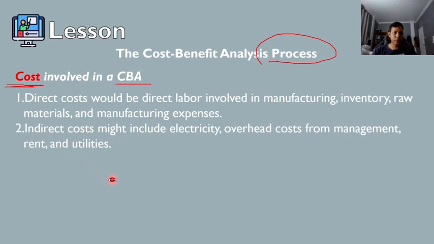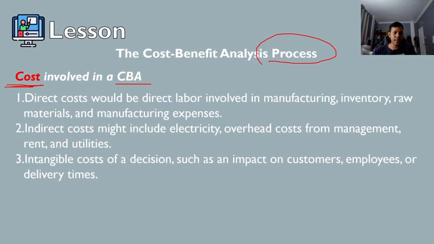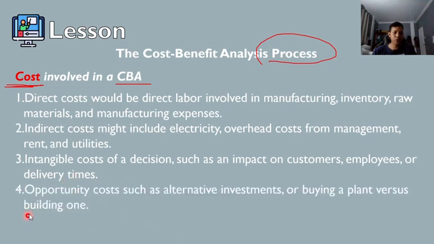So I will present to you 5 costs involved in the CBA. The third one is the intangible cost of a decision, such as an impact on customers, employees, or delivery times, the time that they deliver the products, for example. The fourth one is the opportunity costs, such as alternative investments or buying a plant versus building one.